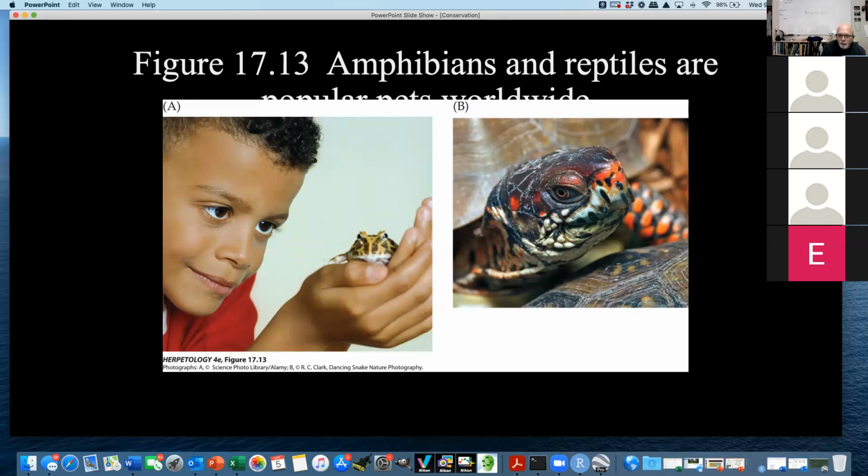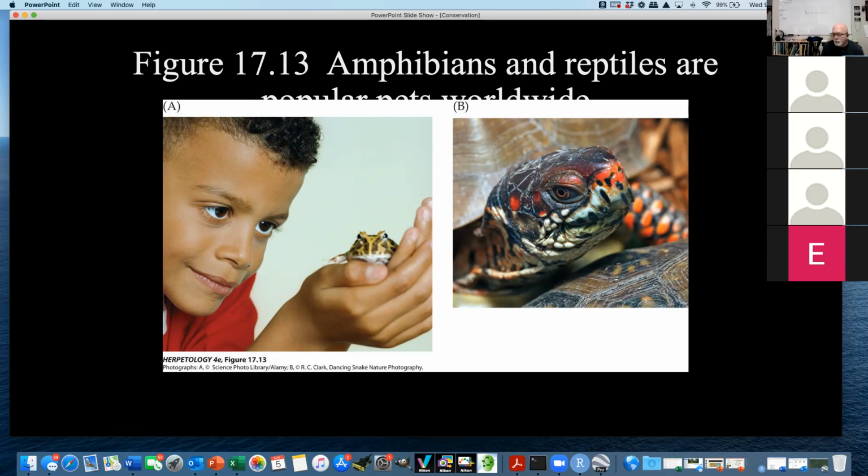And then, of course, amphibians and reptiles are common animals in the pet trade. So you can go down to PetSmart and you can find animals that may or may not have been caught in the wild that are for sale in a pet store.